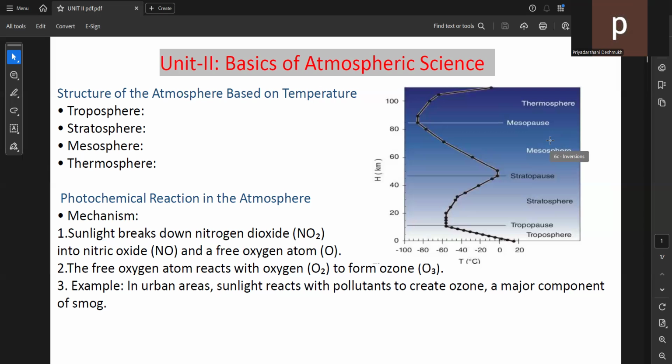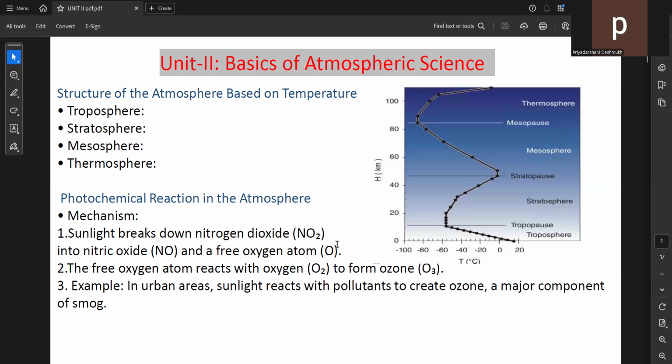Now, the next is the photochemical reactions in the atmosphere. The photochemical reaction occurs when the sunlight reacts with chemicals in the atmosphere, leading to the formation of new compounds. Now, there are the mechanism and the importance of this photochemical reaction.